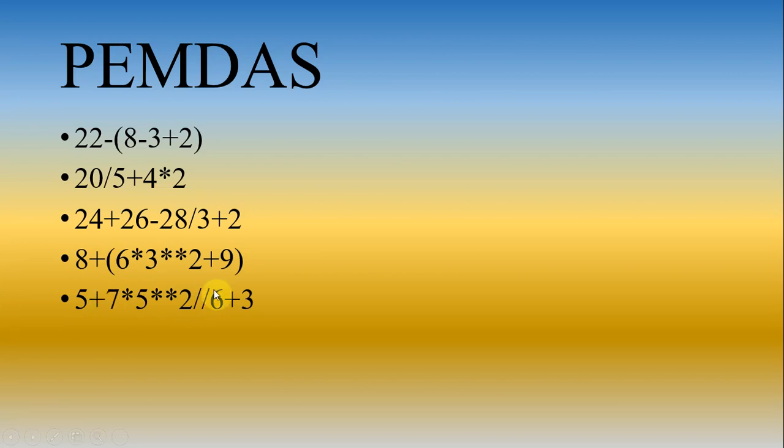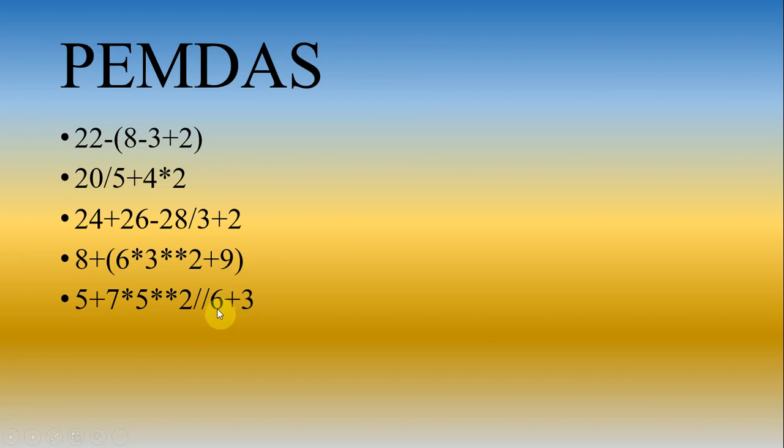Since multiplication and floor division have the same priority, we move towards the right. We have to solve floor division. 175 floor division 6 gives us 29.